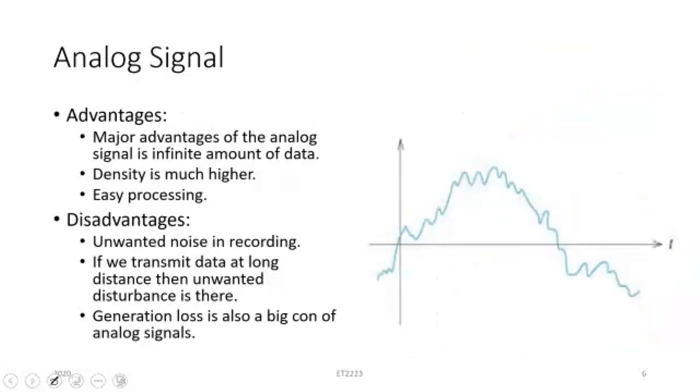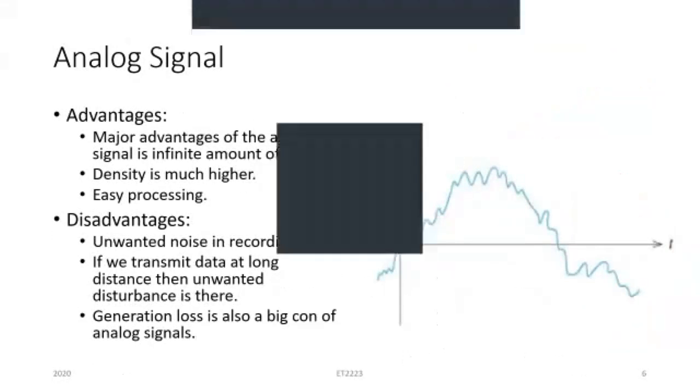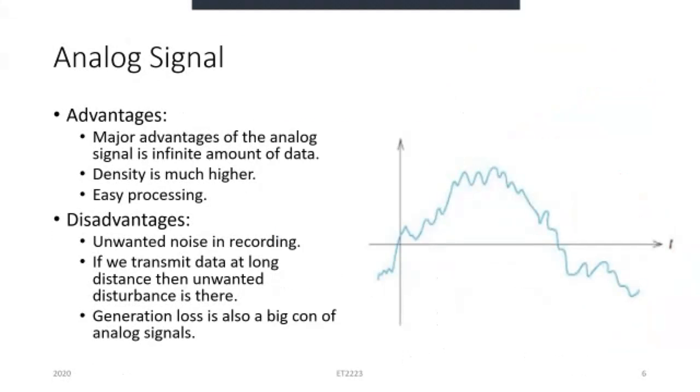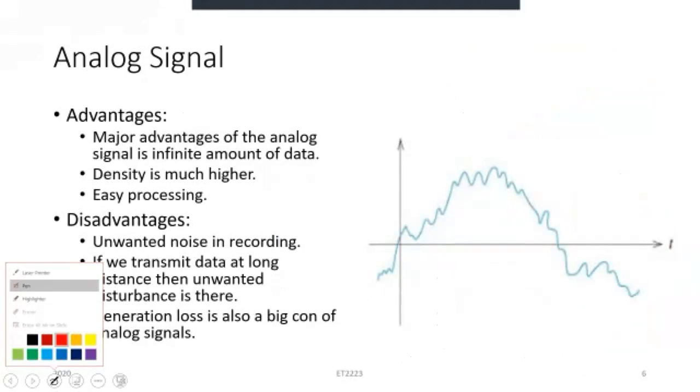So the main advantage of having such analog signals is this. When we have analog signals, we will have an infinite amount of data, an infinite amount of values that we can use.